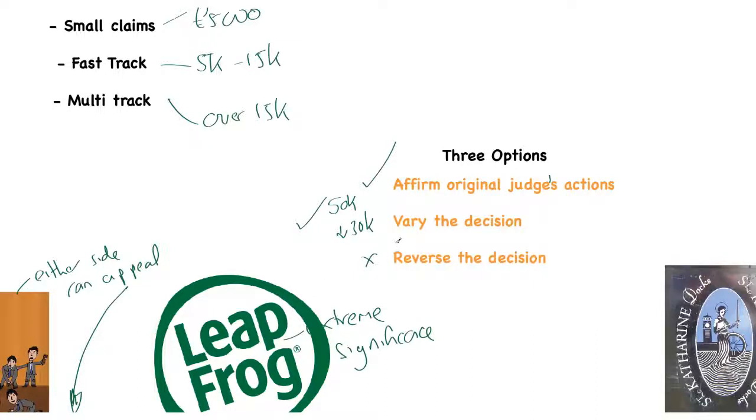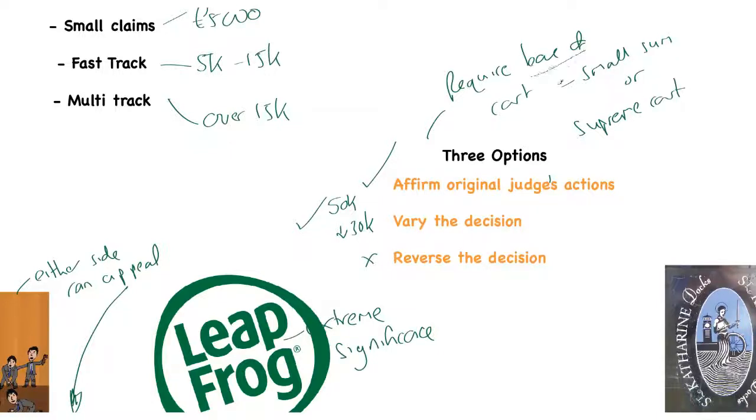Claims that involve small sums and appeals to the Supreme Court require leave of court. All right, so require leave of court if it's a small sum or a Supreme Court appeal.